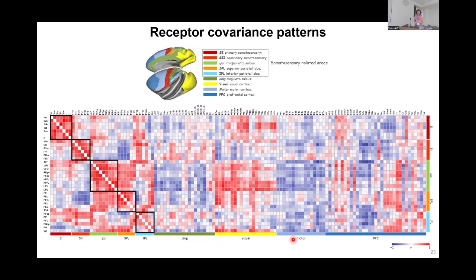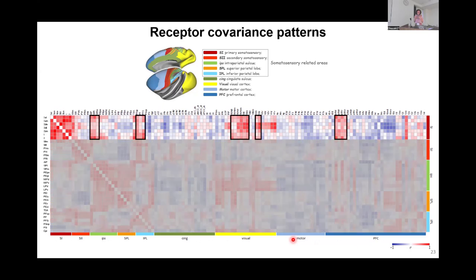What we can see, very clearly visible already via visual inspection, is that anatomically adjacent areas share numerous similarities in their receptor architecture. We can also see that receptor covariance patterns are similar for areas that are at a comparable hierarchical level or belong to the same subsystem of processing.